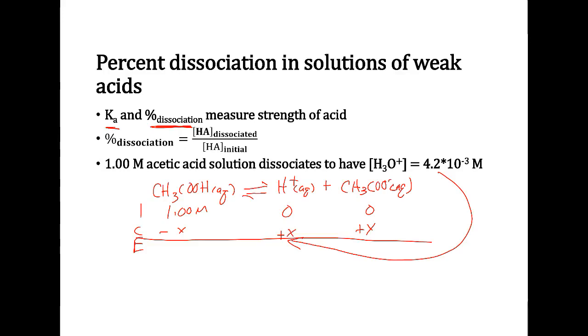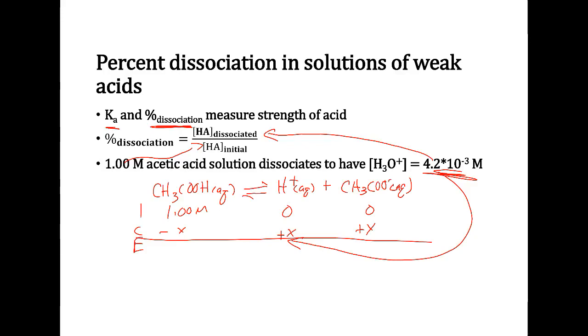This is the amount that was dissociated. So what we could end up doing is plugging in this here for our initial concentration, the 1 molar, because that is the concentration of the dissociated acetic acid.